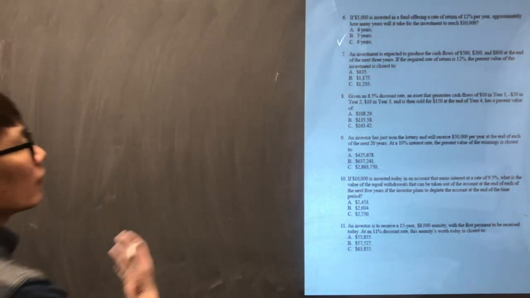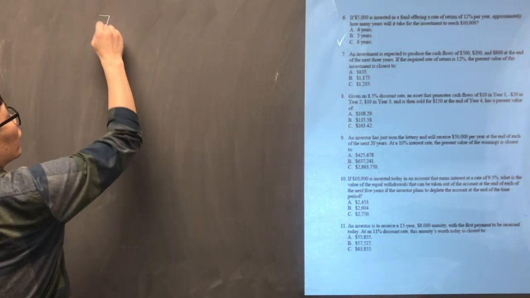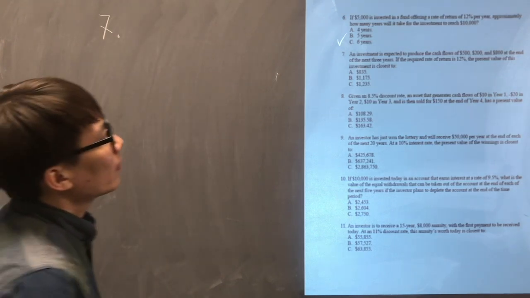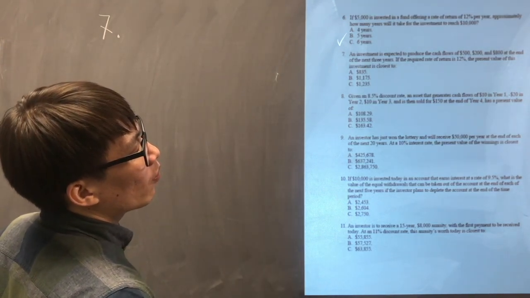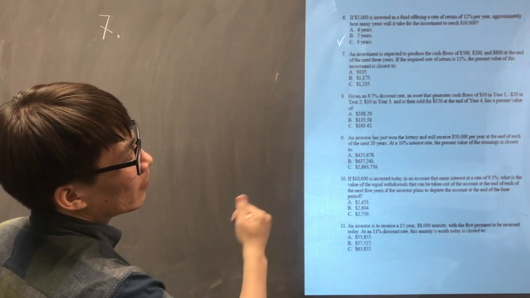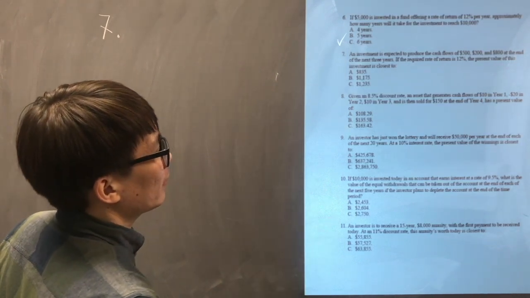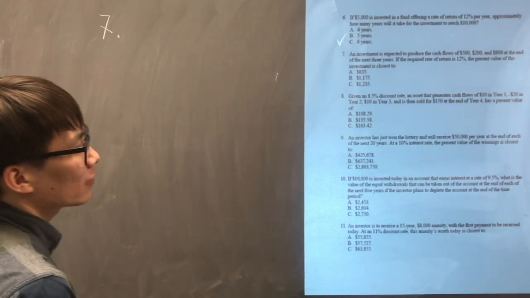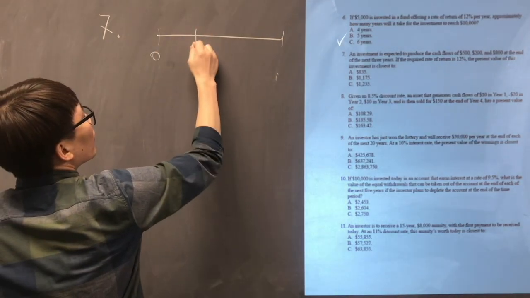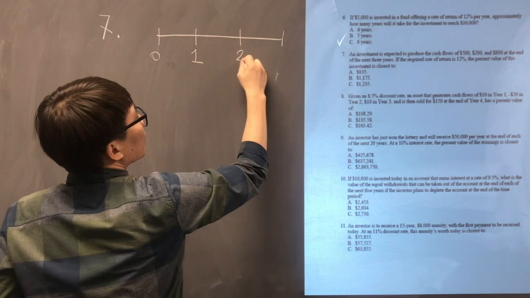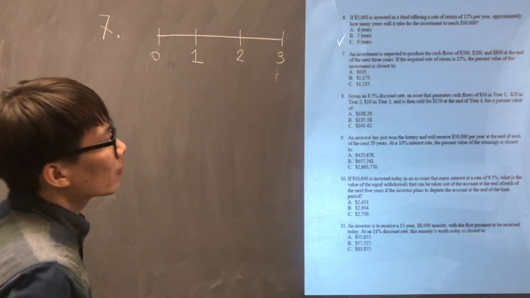Okay. Question number 7. Very good question. An investment is expected to produce cash flows of 500, 200, and 800 at the end of the next 3 years. So it looks like 0, 1, 2, 3, right?